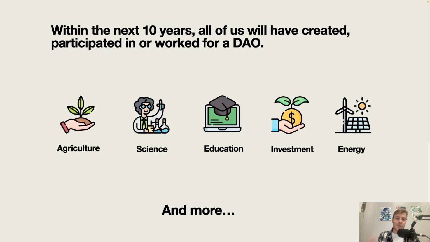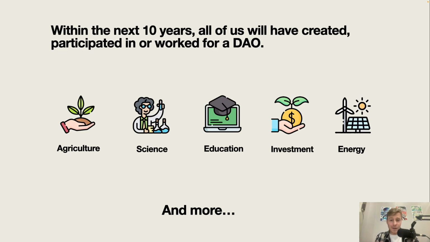I have a prediction. I believe that if you're watching this video, in the next 10 years, you will either have created, if you join the bootcamp, you will create your DAO, participated in, or worked for a DAO. And you might be thinking that it's a huge prediction, but actually it's not, because there will be DAOs about everything.